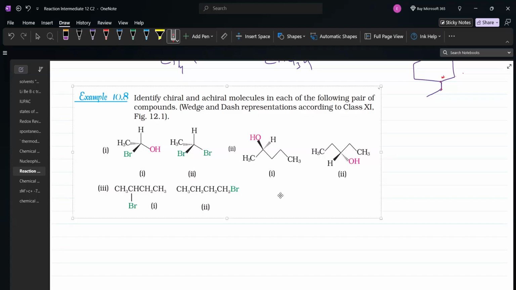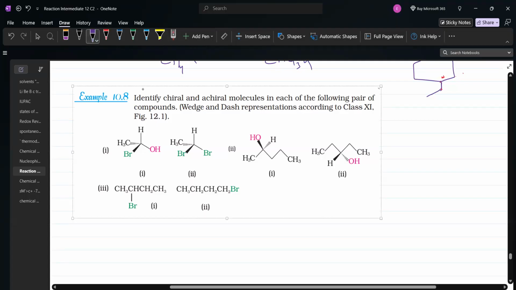Solve the third one. Done, Siddiqa. Check.